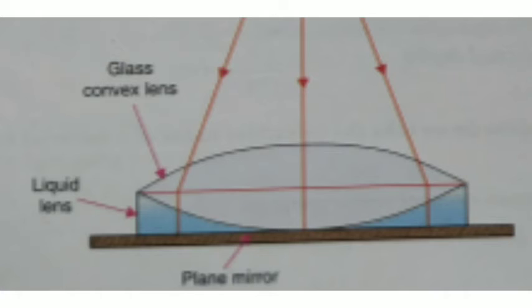The liquid lens is actually a plano-concave lens, that is one side is plane, another side is concave, and R1 is equal to R, the radius of curvature of the convex lens surface, and R2 is equal to infinity for the plane surface. From the lens maker's formula, 1 by f2 is equal to n minus 1 into 1 by R1 minus 1 by R2.